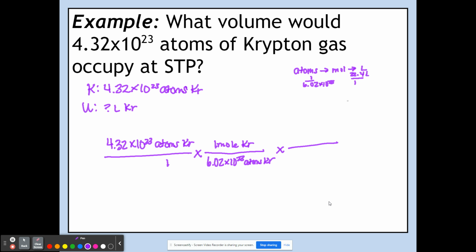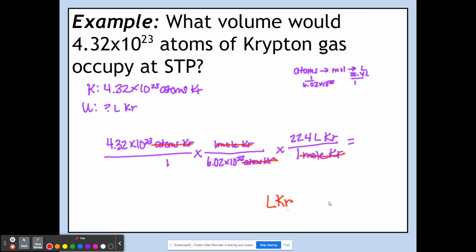So I need to use 22.4 liters is equal to 1 mole. So I have 22.4 liters of krypton over 1 mole of krypton. When we do these, our units cancel out. So atoms of krypton and atoms of krypton, mole of krypton and mole of krypton. So I know my answer is going to be in liters of krypton.